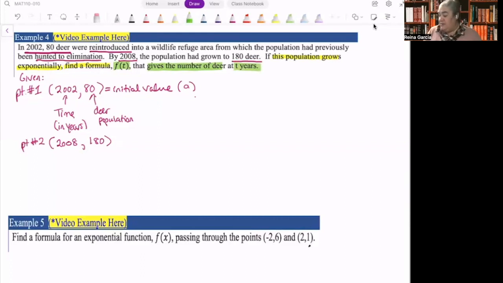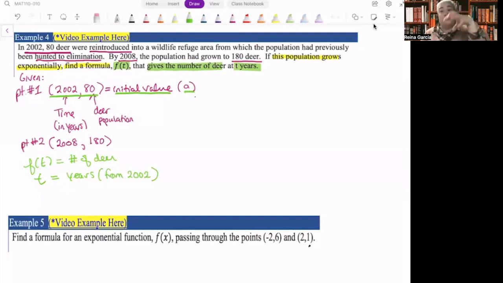So we have been told that our function is going to be f of t, which gives us the number of deer, and that our input variable is t, which is in years. Now we can add the caveat that this is years from 2002, since we have established that this point must be our initial value A, since prior to this point there were no deer there.